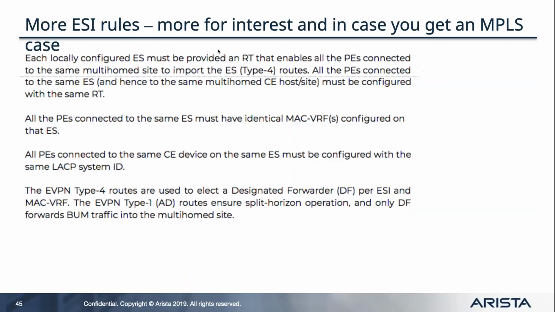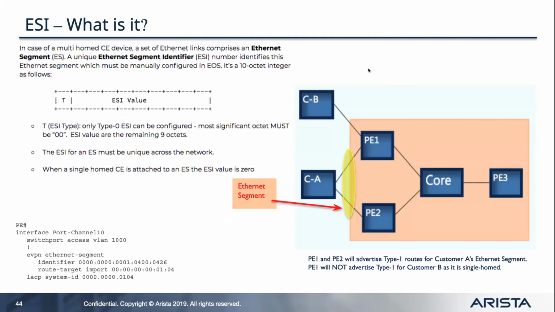Yep. So these are the few points you need to configure for a multi-home site. Locally configured ESs must be provided an RT, that enables PEs connected. So basically you should configure the route target, right? PEs connected to the same Ethernet segment must have identical MAC VRF configured. So we discussed the configuration under router BGP VLAN 10, and that MAC VRF configuration should also be identical on both P1 and P2.